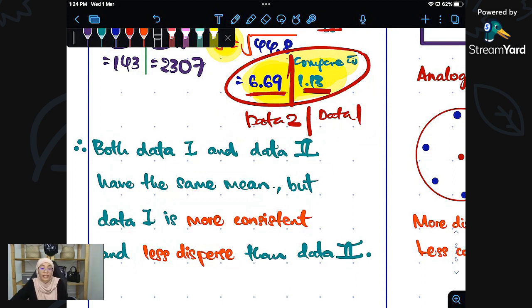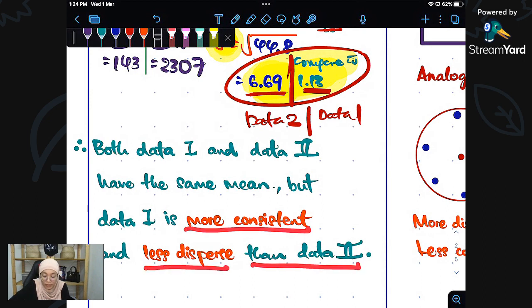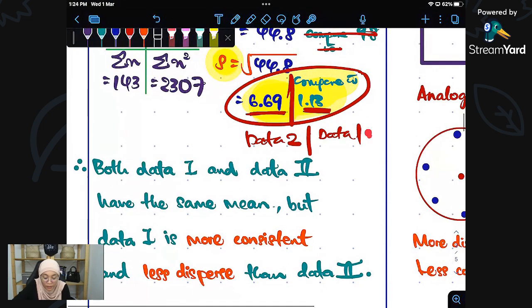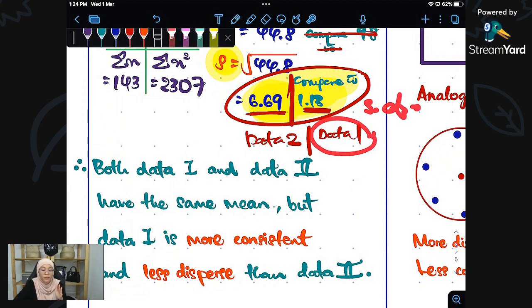Apakah yang dimaksudkan dengan data 1 ini lebih konsisten dan less dispersed than the data 2? So if you can see here, the standard deviation, the SD, from the data 1 is smaller.